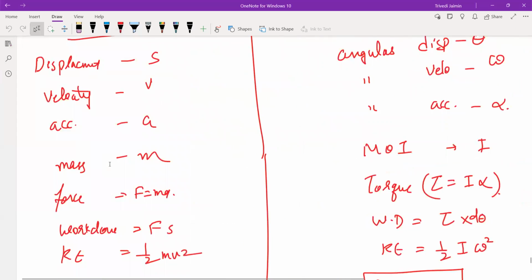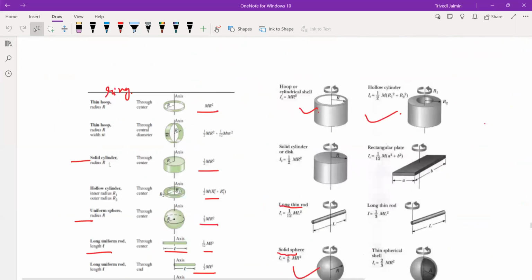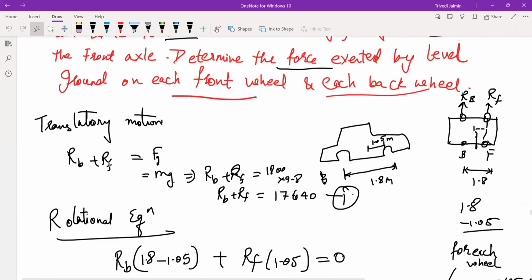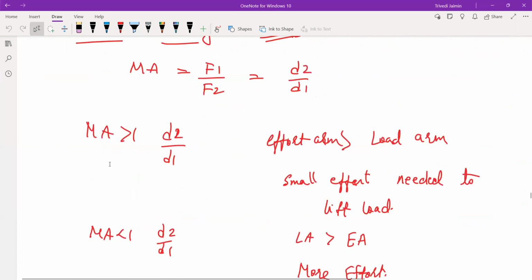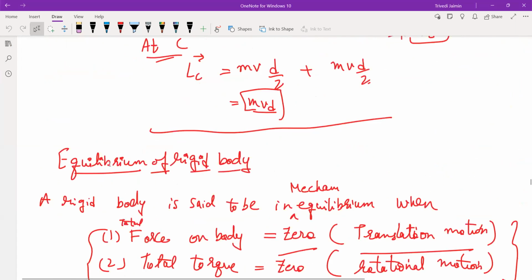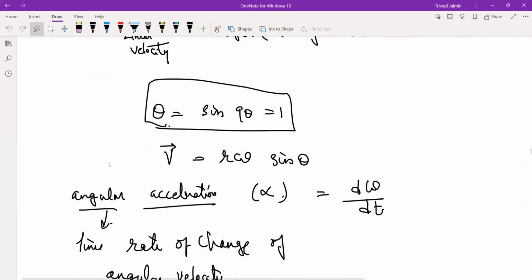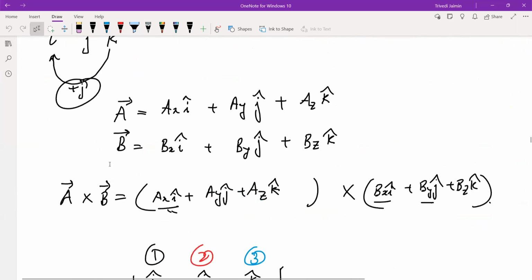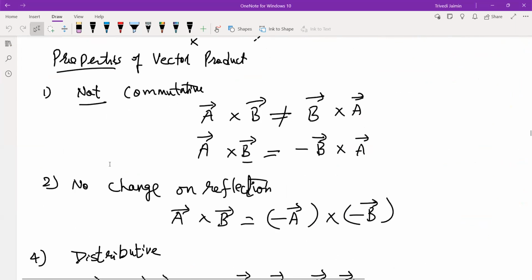I taught this in system of particles. Yes, sir, I know properties of vector products. The scalar product: A dot B is equal to B dot A.